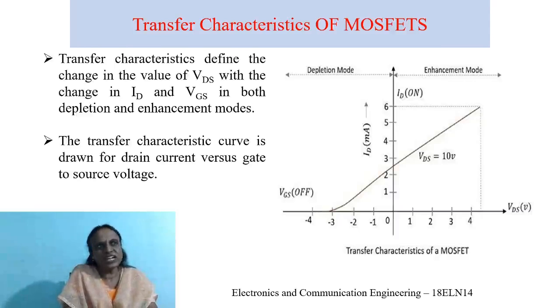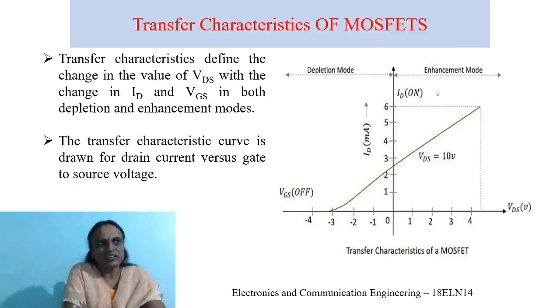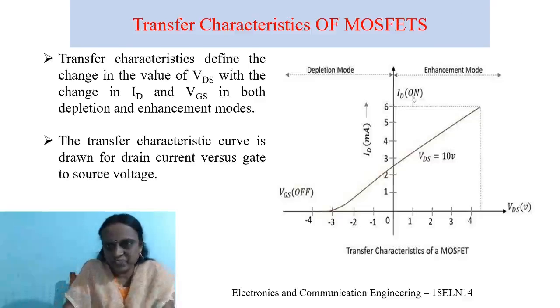Transfer characteristics define the change in drain current with the change in gate to source voltage VGS, in both enhancement and depletion mode. So this characteristics shows the transfer characteristics drawn for ID versus gate to source voltage. This represents the enhancement and depletion modes.